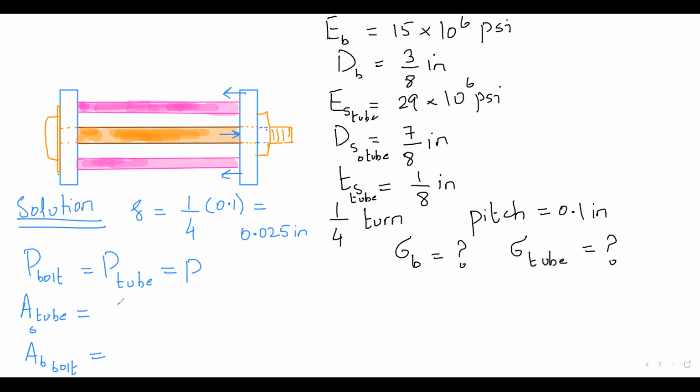Then we will have to find, let's say, delta bolt. Again, this is the brass bolt, equal to P bolt over L. I suppose L is the same.